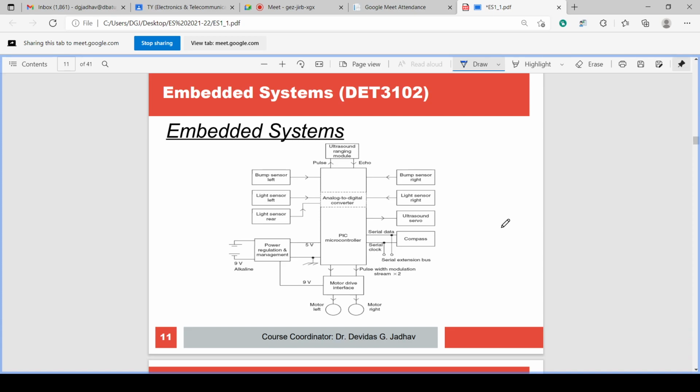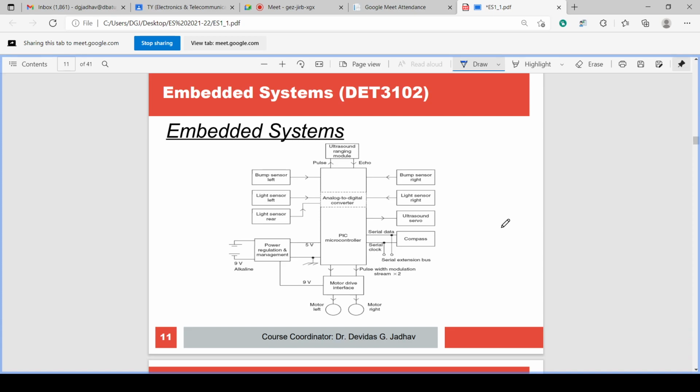So there are 5 or 6 basic blocks in the embedded system. What are those? Microcontroller, its power supply, analog to digital converter, motor driver circuit and motors, serial communication bus or communication interface.